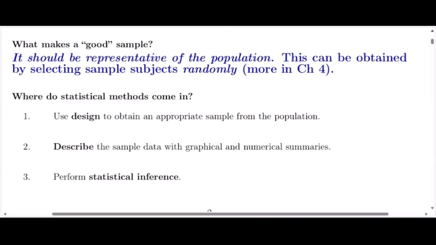And that was why I said if your sample is random, if you give equal chance to every subject in the population when you are choosing your sample, then your sample is going to be a good representative. I'm not just going to choose, maybe I want to conduct a study in this class.